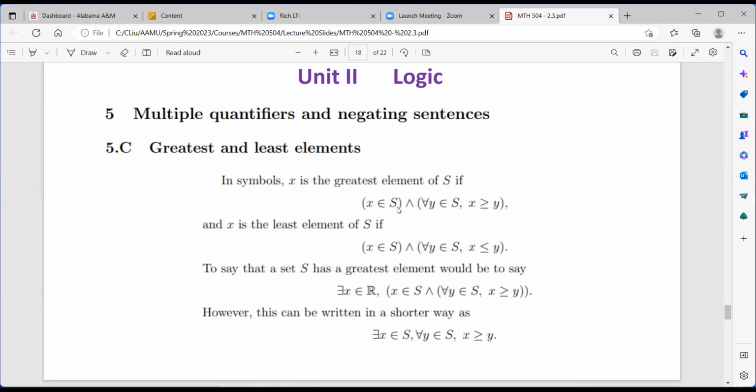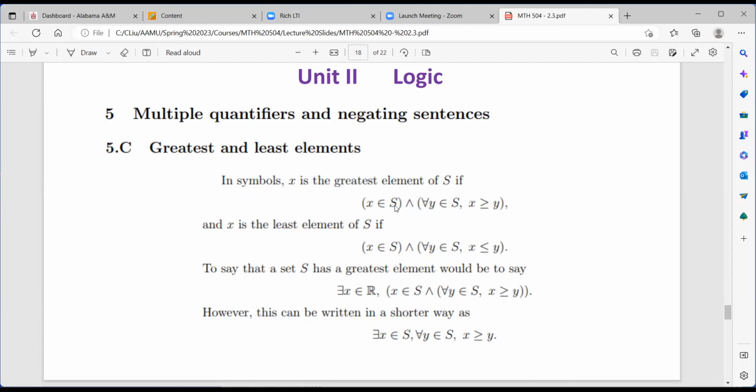If you translate that definition in words into symbolic logic, first, x has to be an element in S, and, all right? For each y in S, so for any arbitrary y in S, x greater than or equal to y. So this is the direct translation of the definition of greatest element from words to symbolic logic.